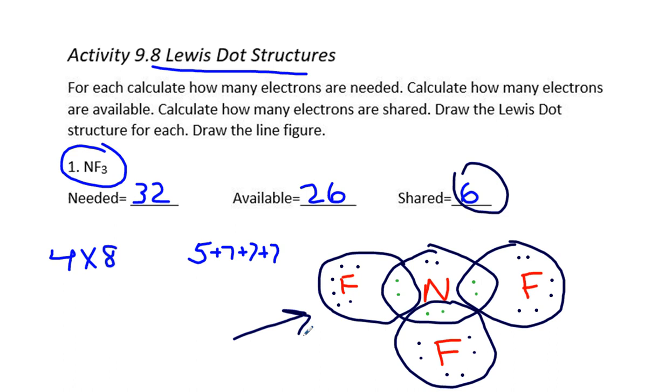Let's go ahead and try another one. So if you turn your page to the last page there, let's look at number 7 here, right? This is sulfur trioxide. I have 1 sulfur and I have 3 oxygens, so I have 4 atoms. And each one wishes it had a ring of 8.